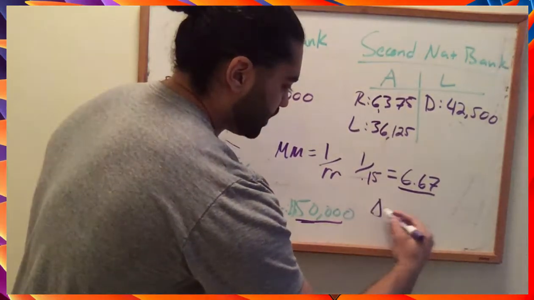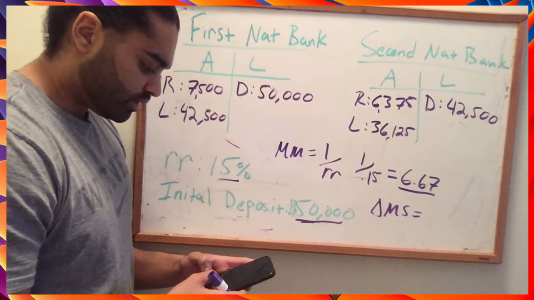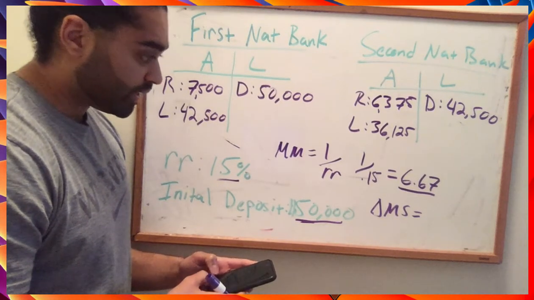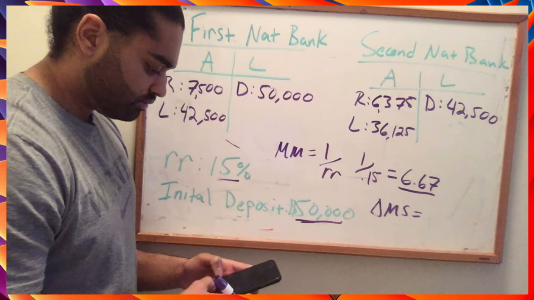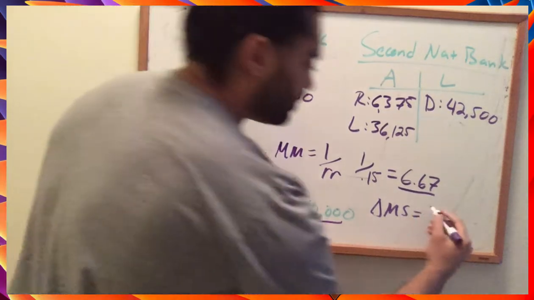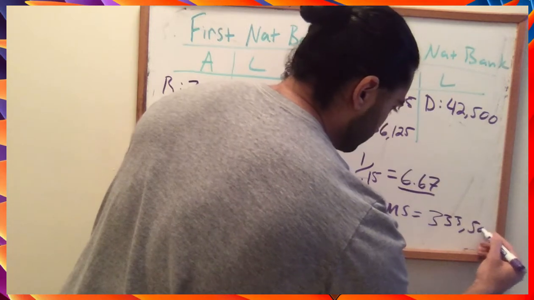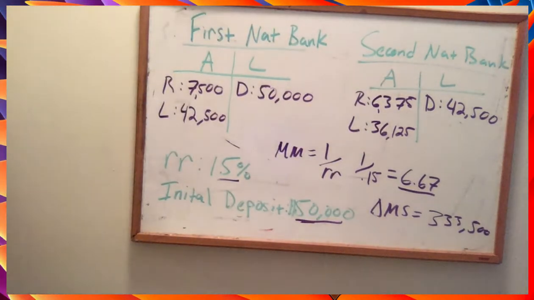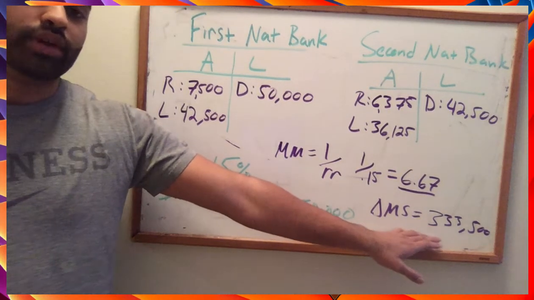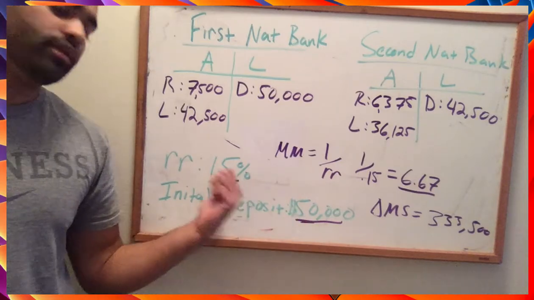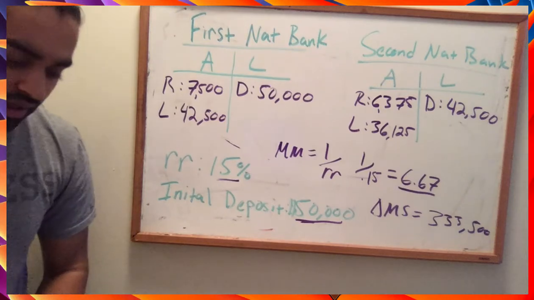So the change in our money supply: $50,000 multiplied by 6.67, you're going to get $333,500. That is how much our money supply changed. That's how much money we created because of our initial deposit of $50,000 with our reserve requirement. So that's something you will be asked on your exam as well as the final.